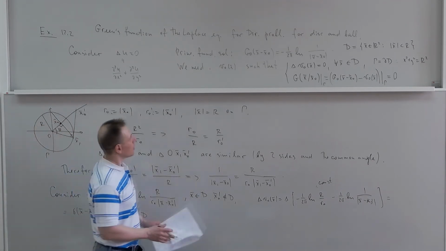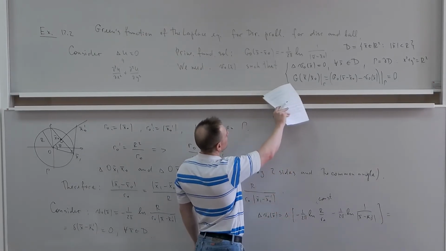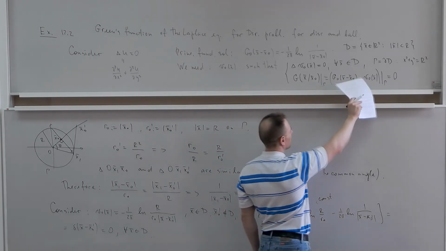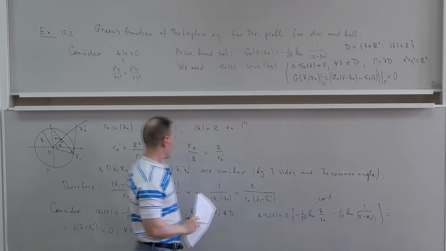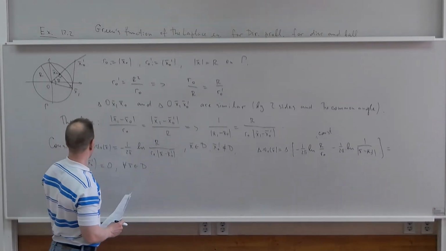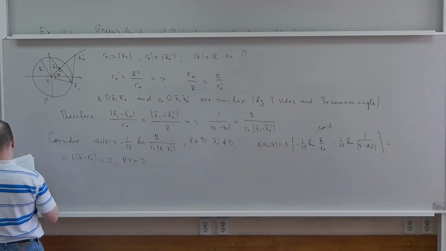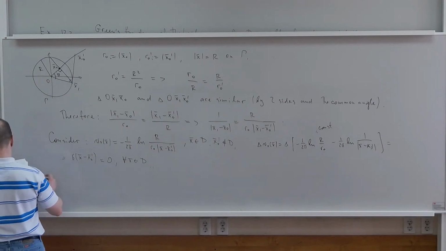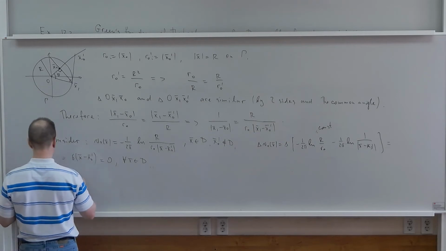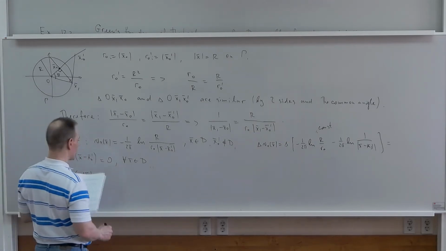So this is a solution of the homogeneous equation, and we have to check that the following equality holds when the function V0 is taken in this form. Now let us check this condition. Consider this function taken on the boundary gamma.